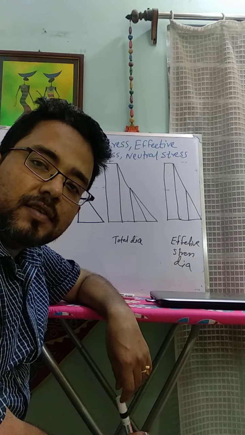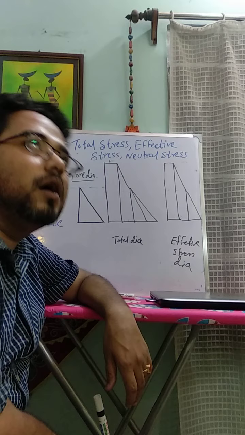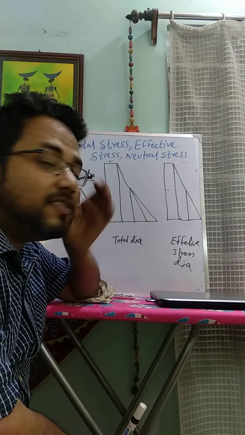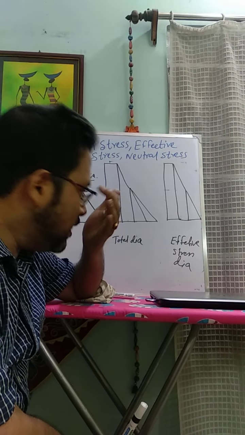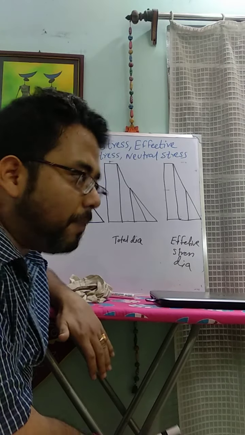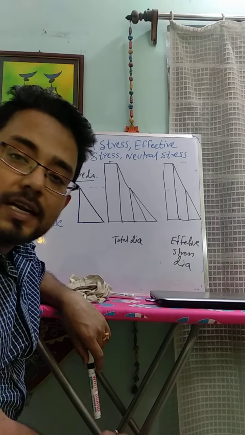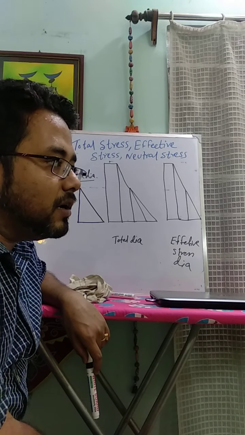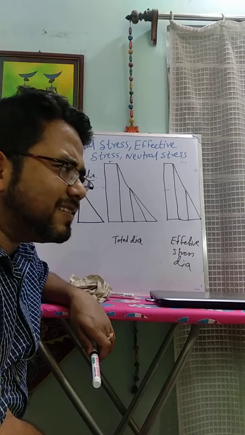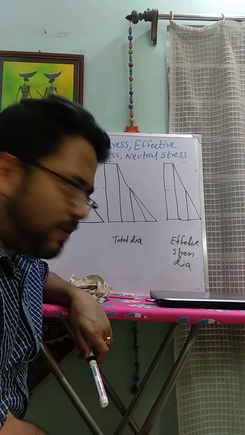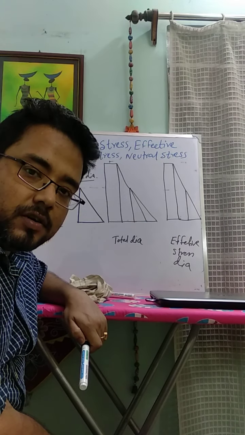Case 5 is the surcharge applied on a soil strata and how the stress diagram will be developed, and case 6 is the capillary action in a soil strata and how the stress diagram develops, and we discuss some numerical problems on effective stress and total stress.